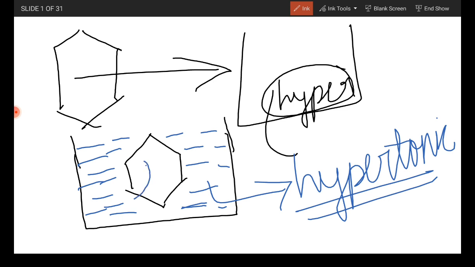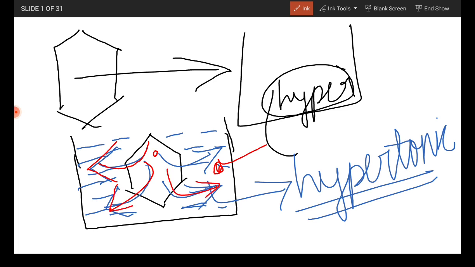Water will move out of the protoplast because the concentration of solute outside the plant cell is very high when compared to the concentration inside the cell. So water inside the cell will move out of the cell, and cell shrinkage will occur.